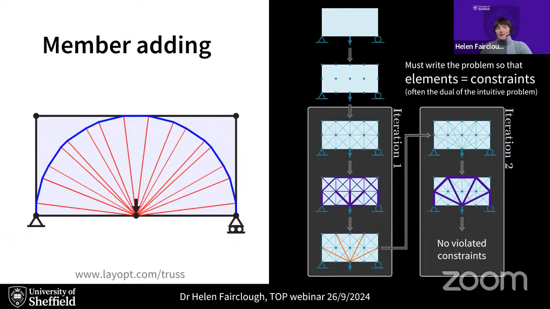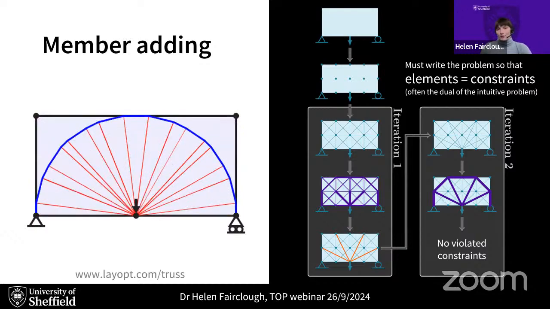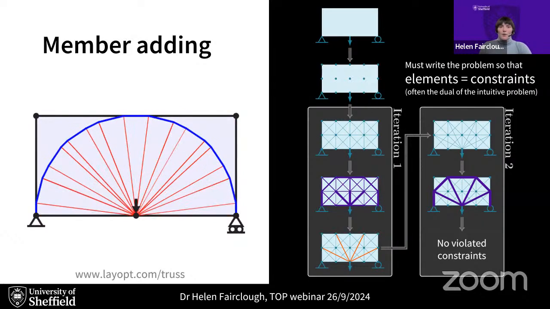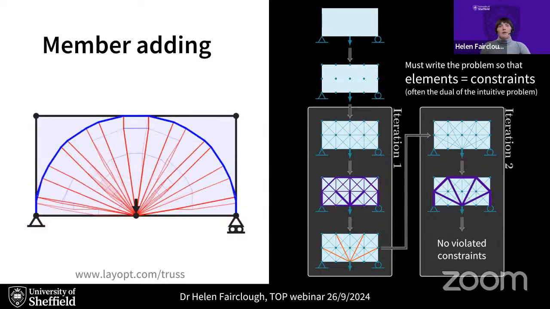You'll have noticed that that isn't really what happened in the formulations I just showed you. We had our members represented by variables, the cross-section area, the axial force. So usually what we have to do is take the dual, that is, take the Lagrangian of the problem as we would formulate it.